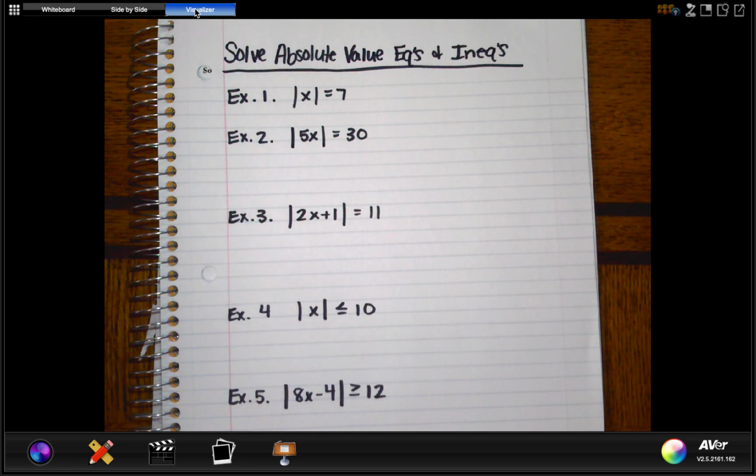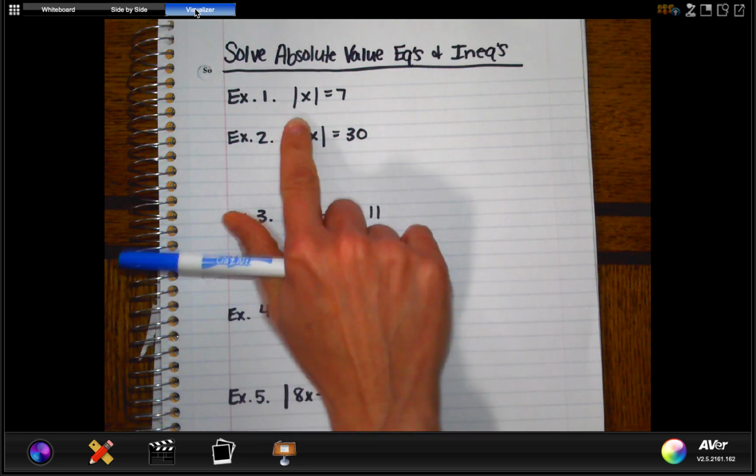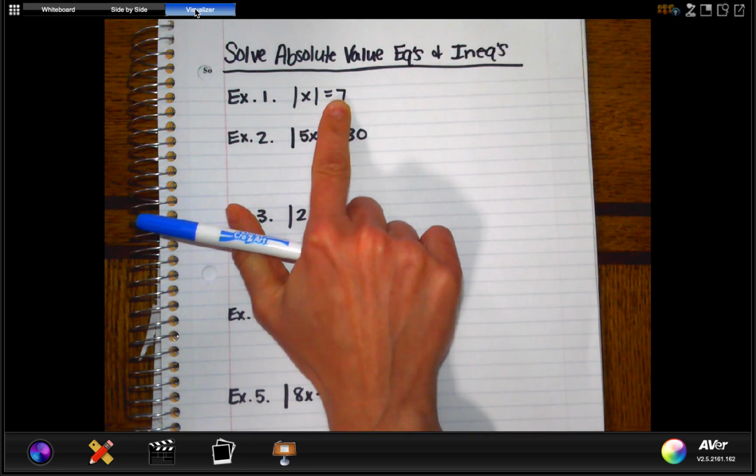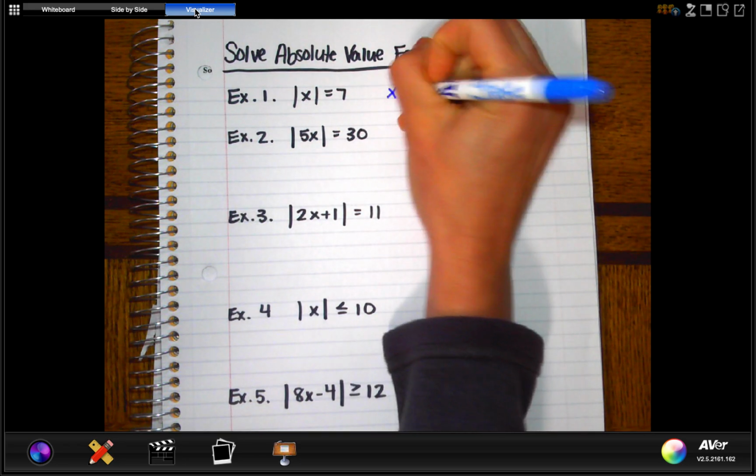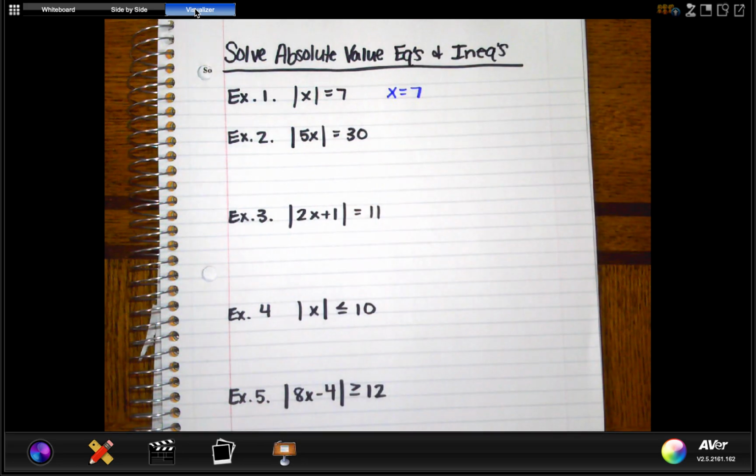So example 1, the absolute value of x equals 7. So remember, absolute value means distance from 0. So what we need is this value has to be 7 units from 0. And so the answer to this, we know that 7 is 7 units from 0.